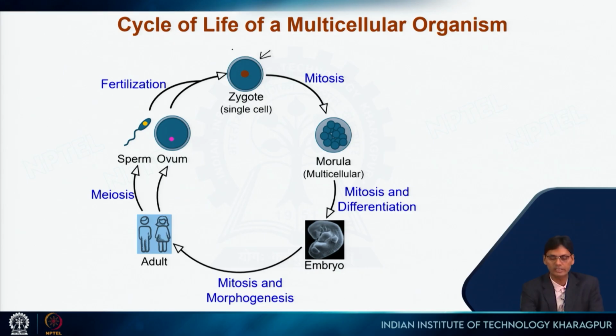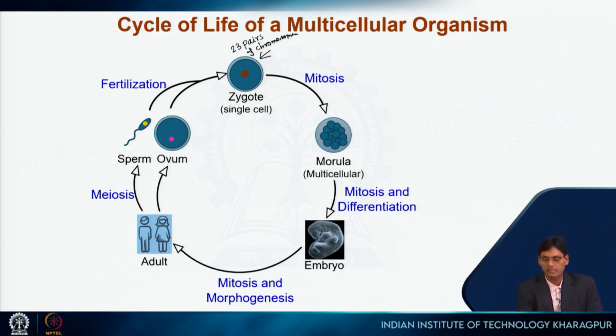So in this case, 23 pairs of chromosomes are present in the zygote. And now it will undergo mitosis and form the morula.